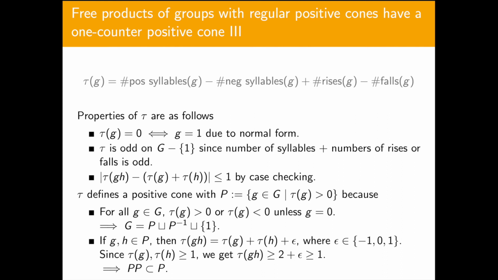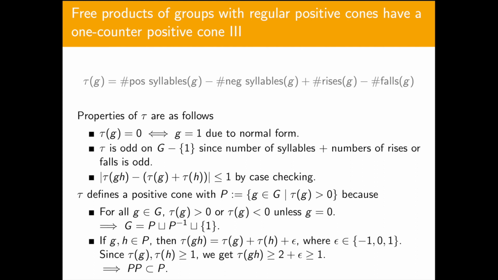Now let's look at some properties of tau, which we won't prove. Tau of g is equal to 0 if and only if g is equal to 1, and this is due to the normal form that you write g in to calculate tau. Moreover, tau is odd when g is not the identity, since the number of syllables plus the number of rises or falls is odd. This is just because between every 2 syllables you have 1 rise.